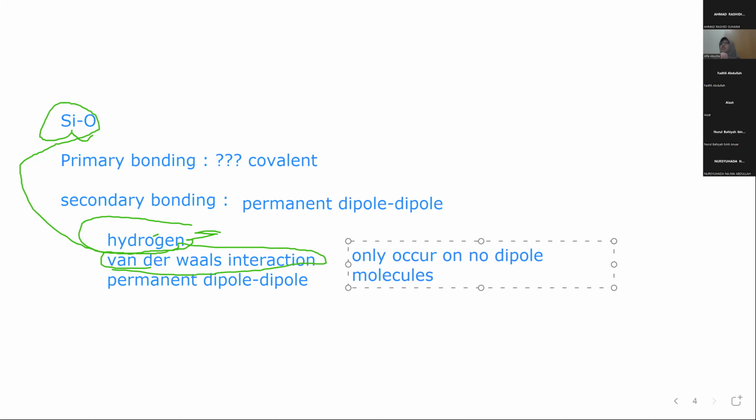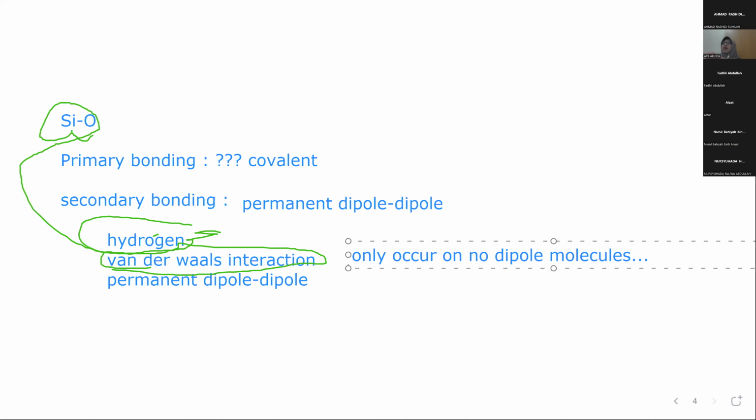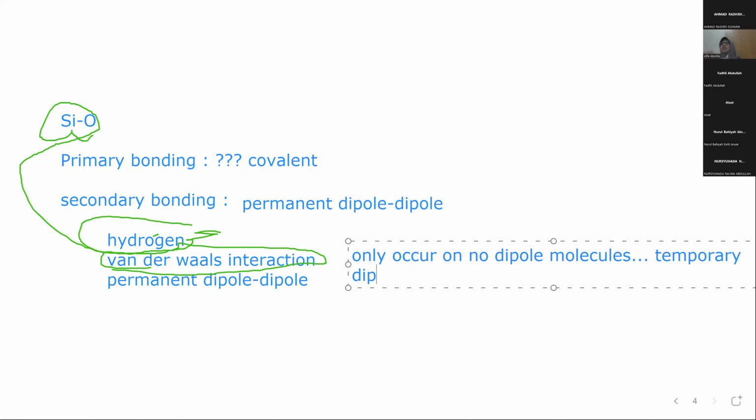If there is van der Waals interaction, it happens because of a temporary dipole. Temporary is not permanent, so it is easy to lose, and they become no dipole anymore. Then because of the movement of molecules, a temporary dipole exists again and van der Waals interaction happens. But since it is temporary, it goes back to no dipole molecules. It's like a cycle.